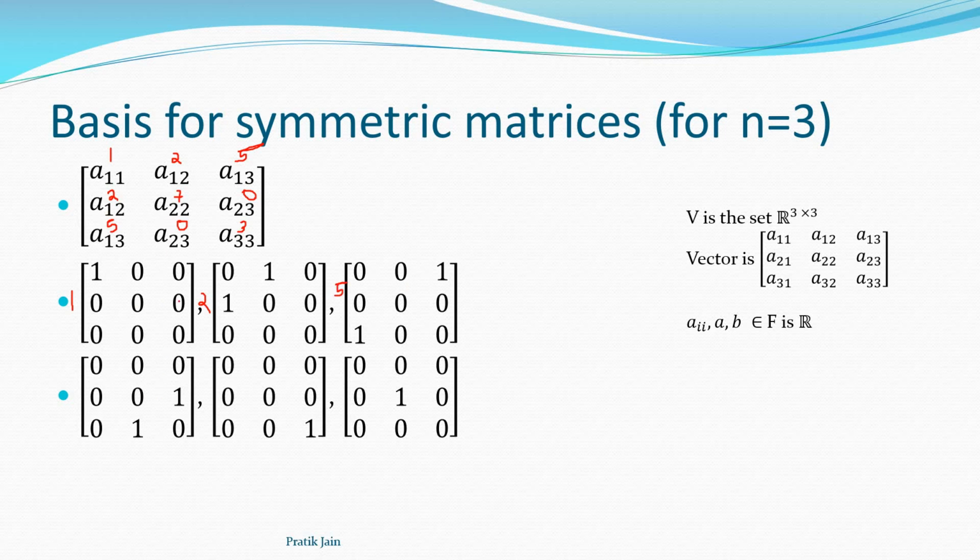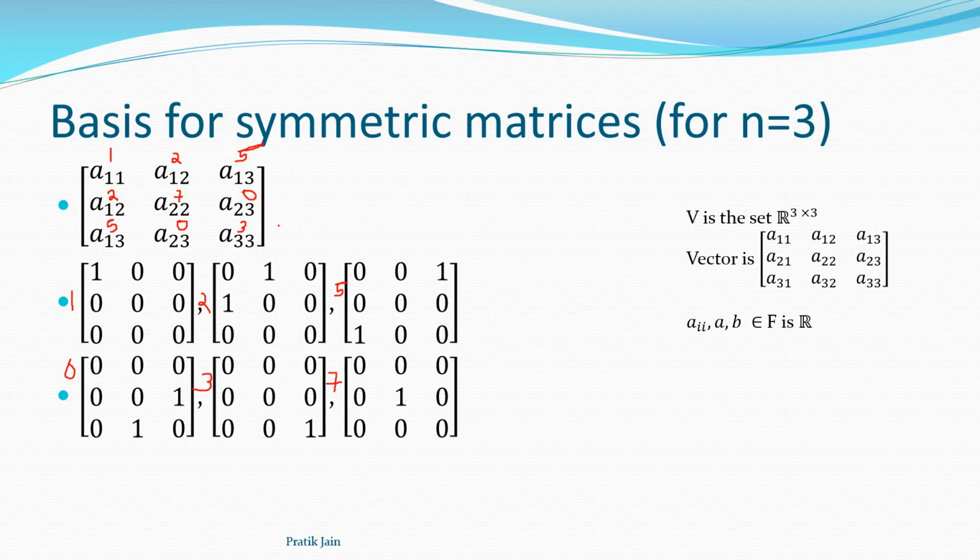Similarly, you understand the logic, right? Just multiply this by 0, multiply this by 3, and multiply this by 7. So like this, by the linear combination of these 6 matrices, you will get any symmetric matrix of the order 3 cross 3, right?